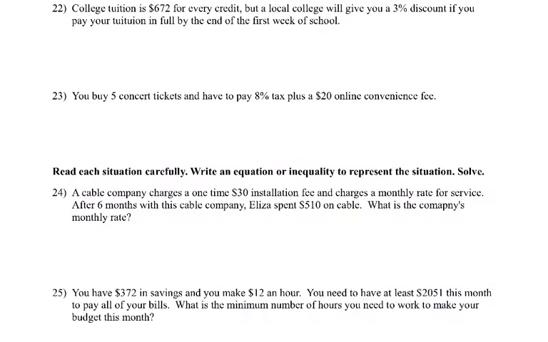Okay, 22. College tuition is $672 for every credit, but a local college will give you a 3% discount if you pay your tuition in full by the end of the first week of school. So, depending on how many credits for C, it's $672 per credit, so 672 times C, plus subtract from that a 3% discount, so minus 0.03 of that 672C, and we get the same thing.